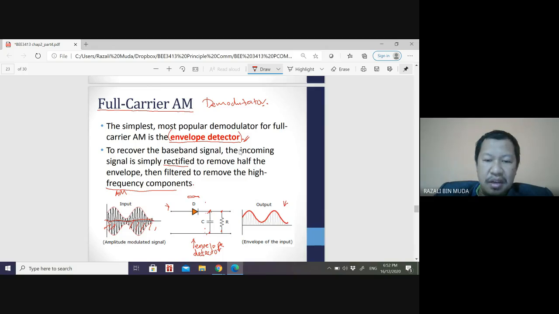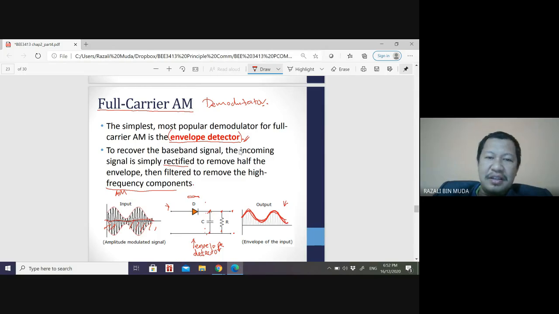So the output is the low frequency AM signal, the envelope of the input. So the output is the low frequency envelope signal. That is the simple explanation about the envelope detector.